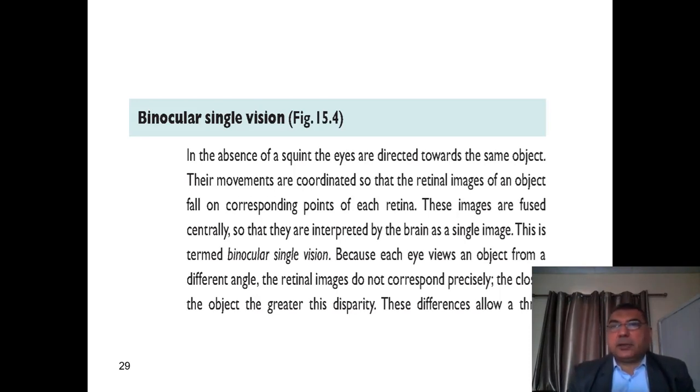So this single binocular vision develops during the early 7 to 9 years of life. If it develops, it will persist with the person throughout his life, except if there is something interrupting this single binocular vision.